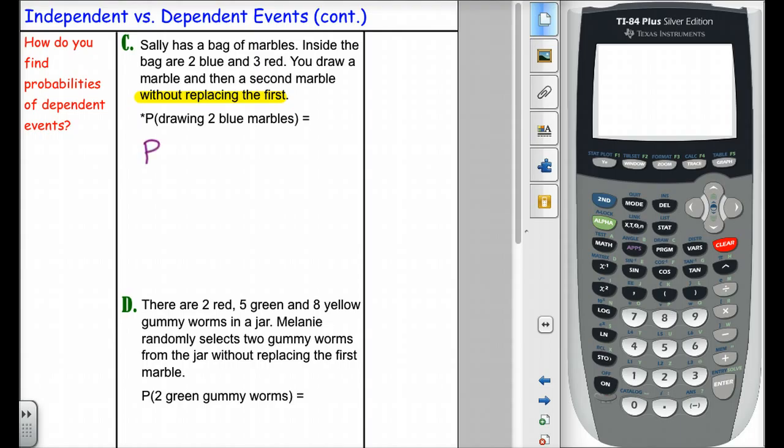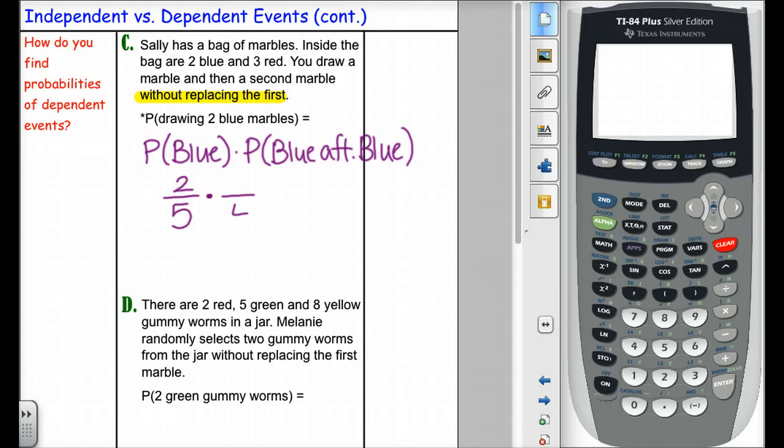That's the probability of drawing a blue times the probability of drawing a blue after a blue has already been chosen. In our bag, we have 2 blue out of 5 marbles. If I draw a blue one out and don't put it back, I now have 4 marbles and only 1 of which is blue, because I've already removed it.